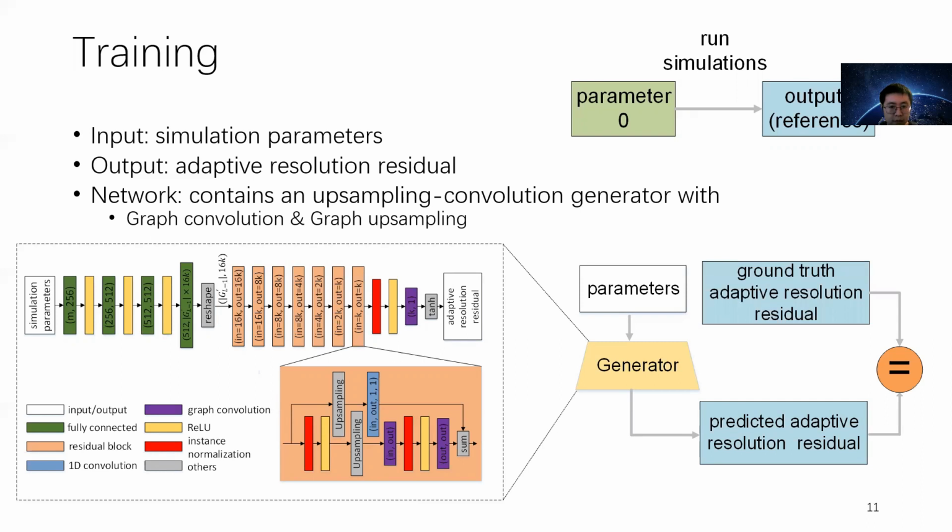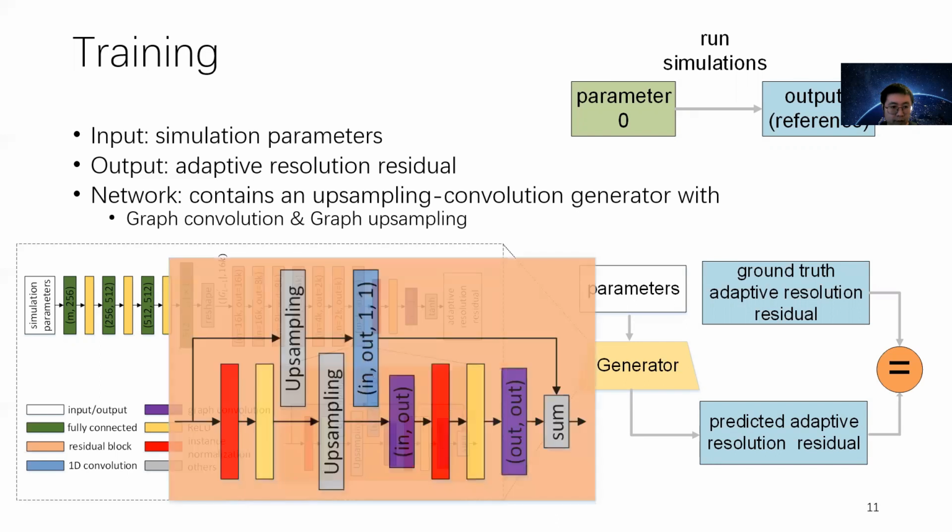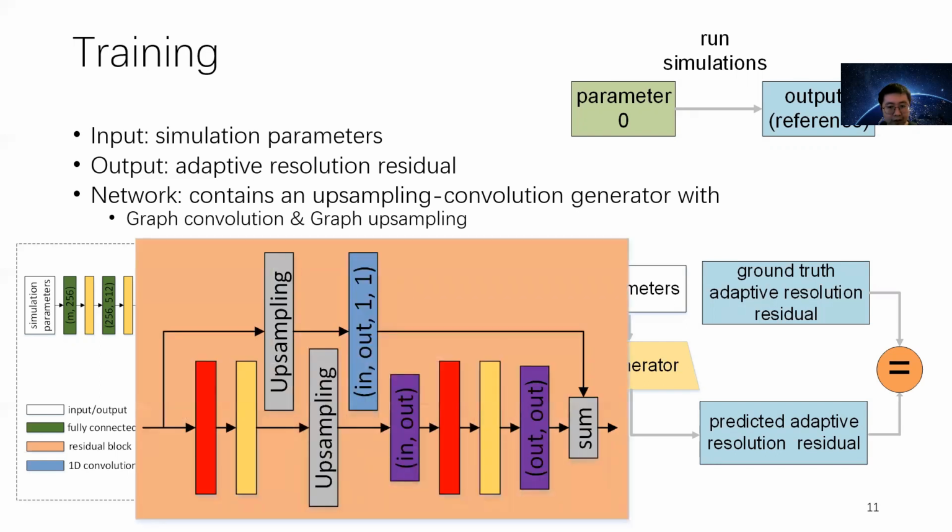We compare the predicted adaptive resolution residual with the ground truth by an L1 loss and use gradient descent to update the network parameters. The residual block contains graph convolution and graph upsampling. These are 2 very important operators in the generator, which are going to be explained next.